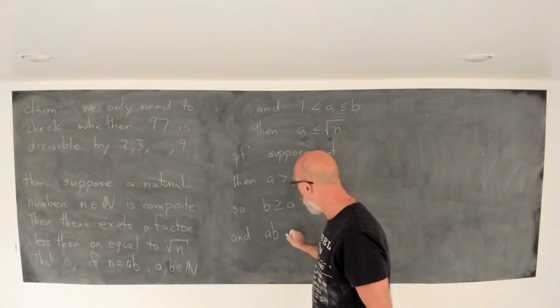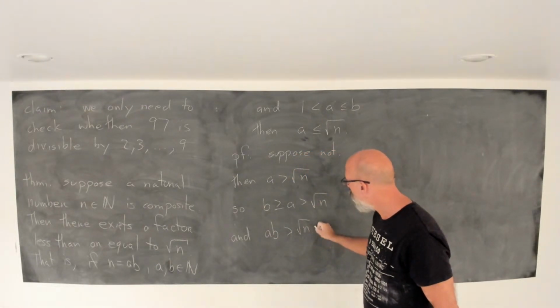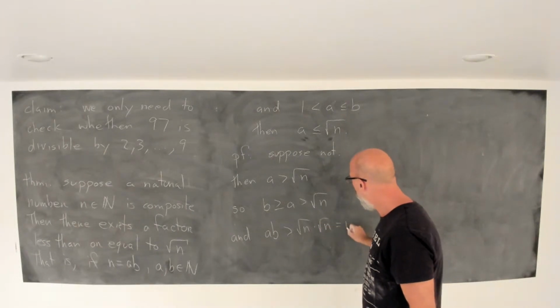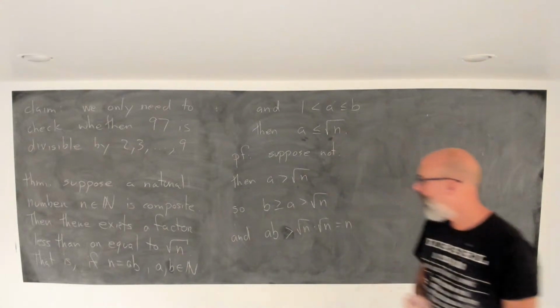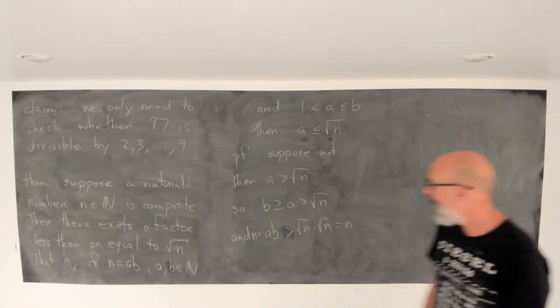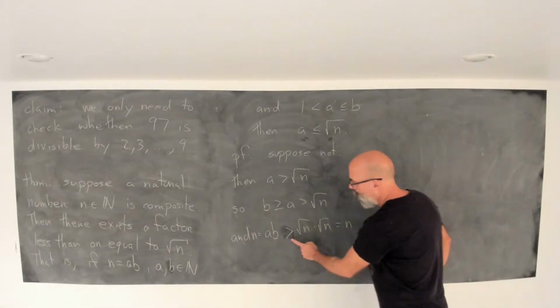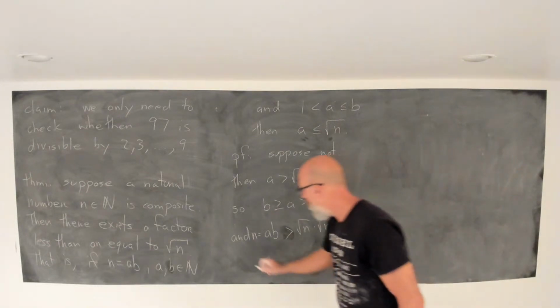And AB must therefore be bigger than root n times root n, which is equal to n. But AB is n. So n is bigger than n, which is a contradiction.